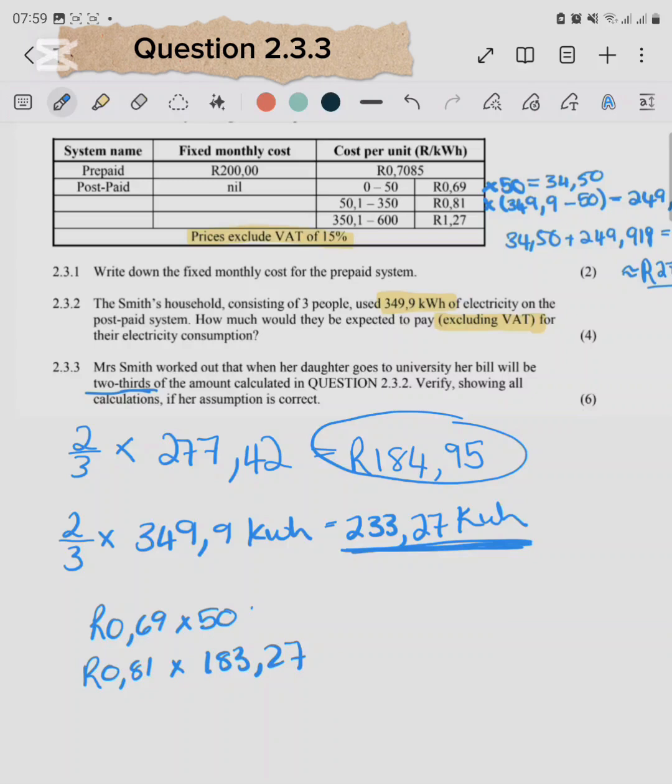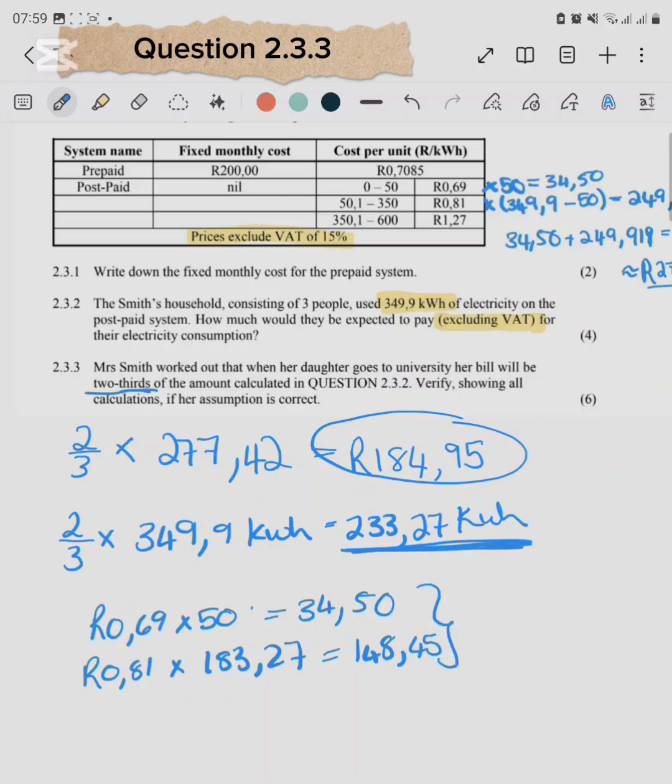The 69 is going to give me the 34.50, the same as we had before. And then the 81 cents is going to give us a total of 148.45. Sorry, not 50, 45.